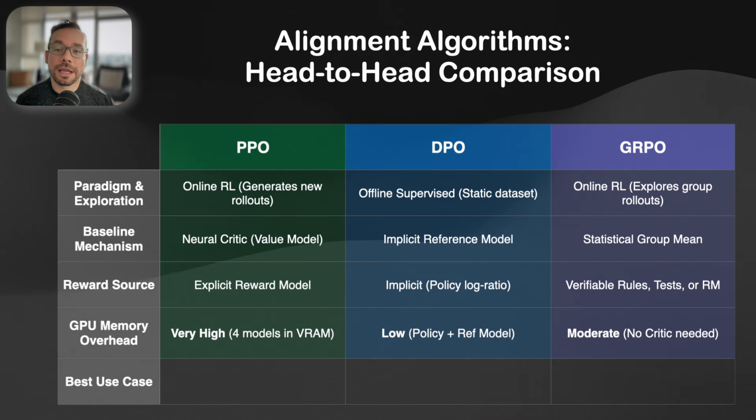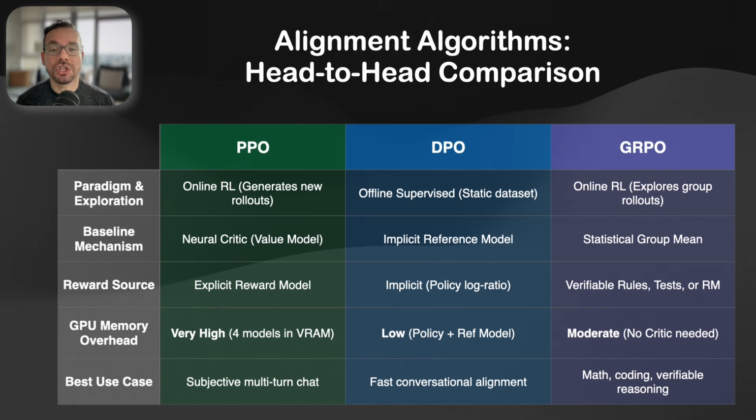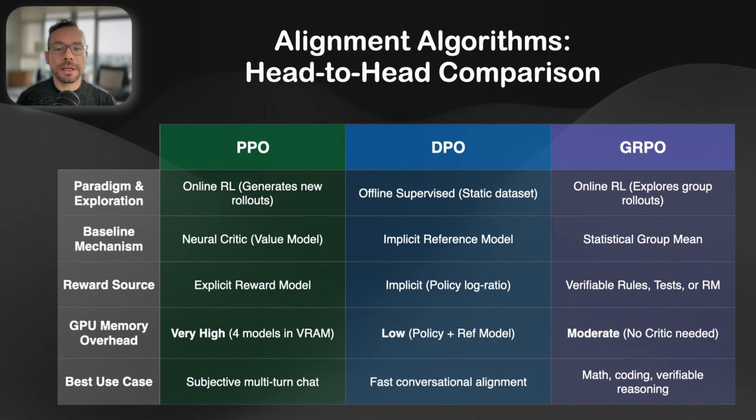PPO excels in subjective, open-ended chat, where quality is nuanced. DPO is the fast, efficient path for conversational alignment where static preference pairs are available. GRPO is the weapon of choice for verifiable reasoning, math, code, and structured problem solving.